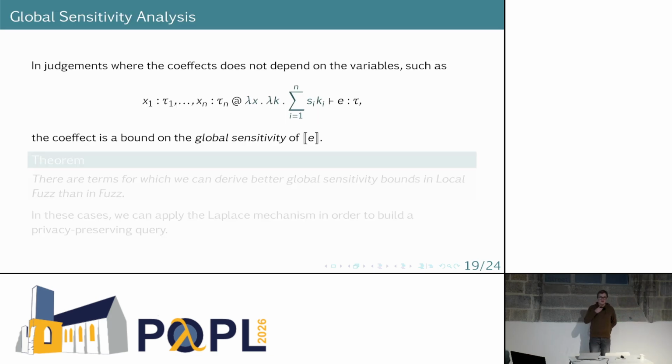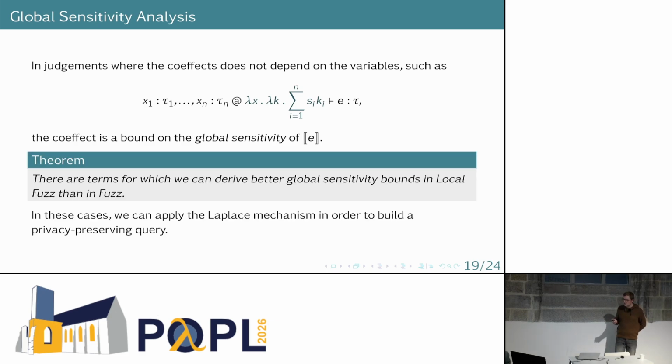So first, global sensitivity analysis. If you consider judgments which do not depend on the value, they can have a variety of forms, but this is the one that encodes Fuzz, for example. You can consider other ones. What you get, in fact, is a bound that does not depend on the point you consider, so it is a bound on the global sensitivity.